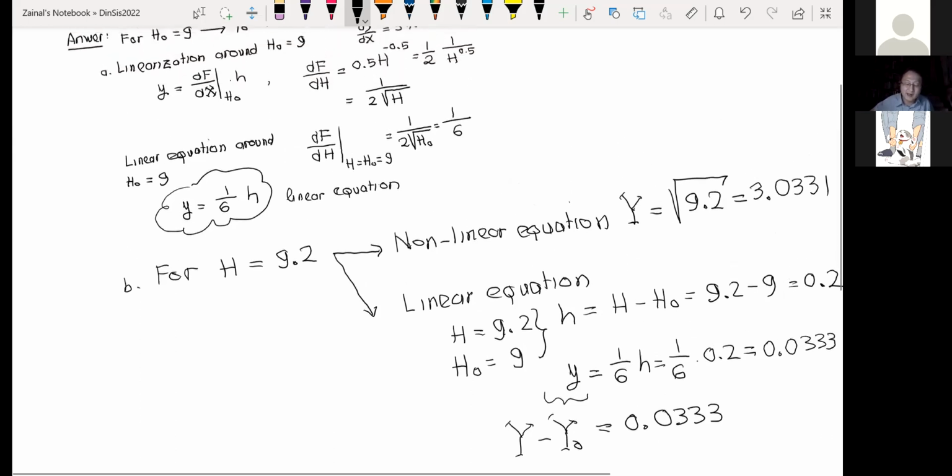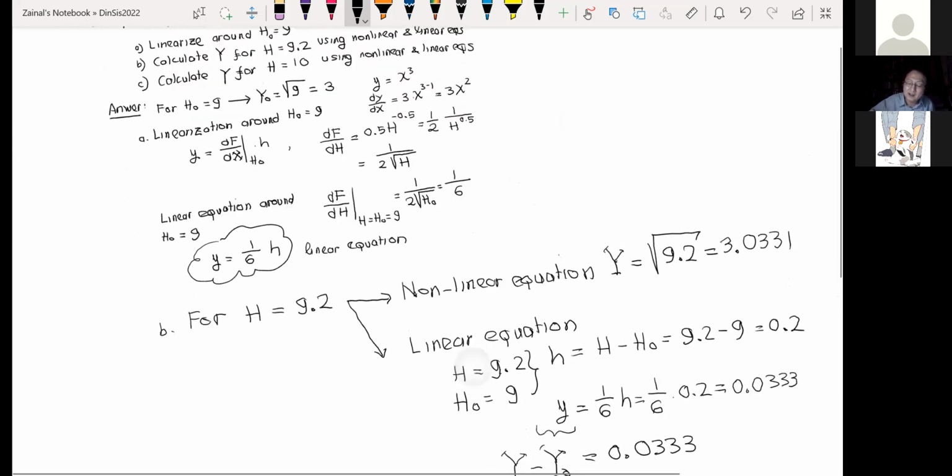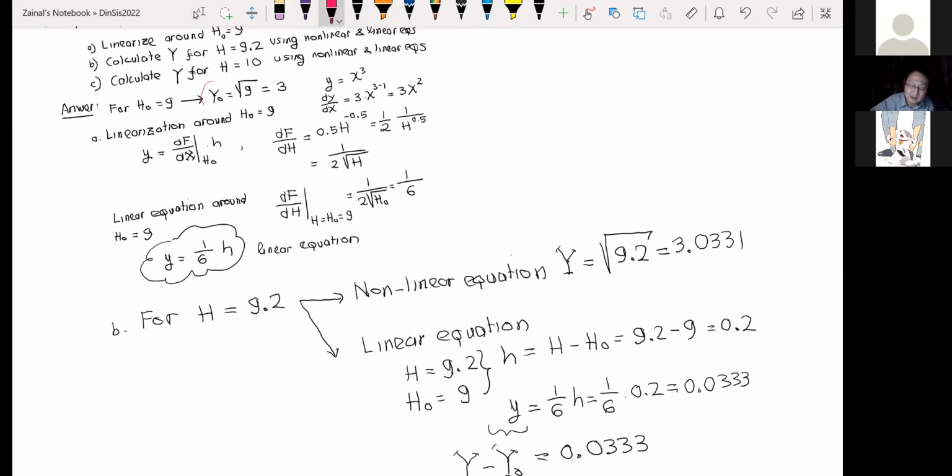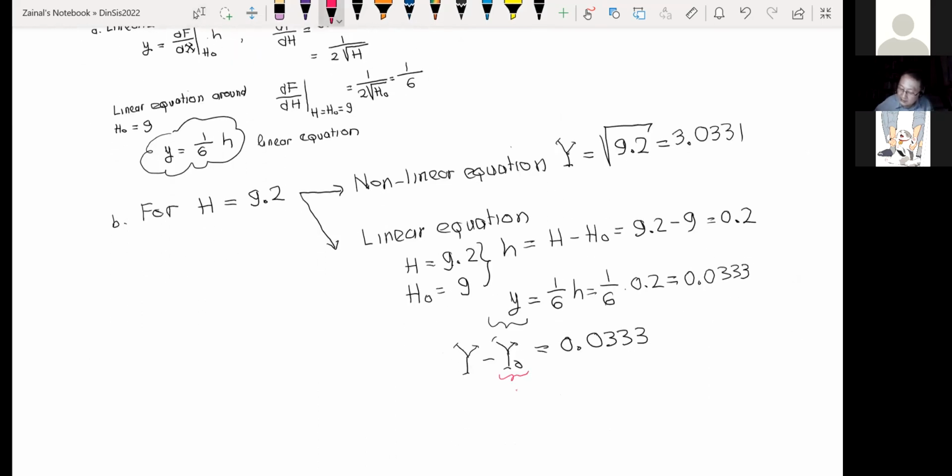Right? But we already calculated this one, y0. Look at this one, which is the same with 3. So this one is equal to 3. Therefore, y will be the same with 3 plus 0.0333, which is equal to 3.033.